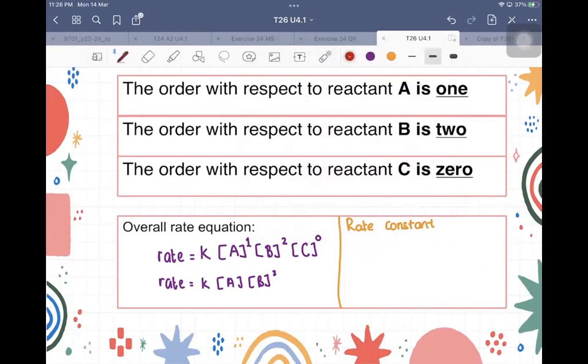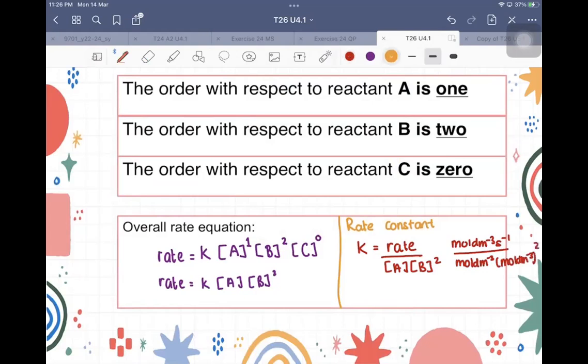So rate constant K equals rate over concentration of A times concentration of B squared. The units are mole per dm cube per second over mole per dm cube times mole per dm cube squared.